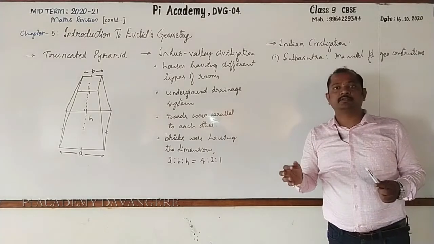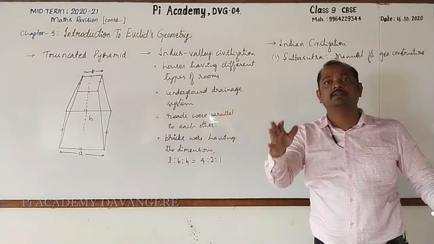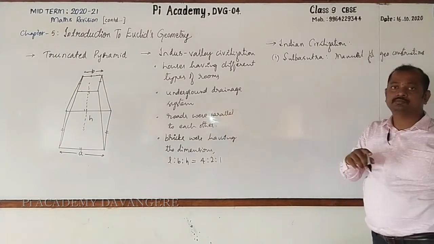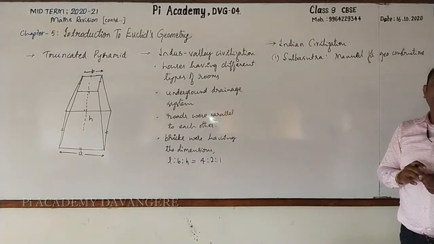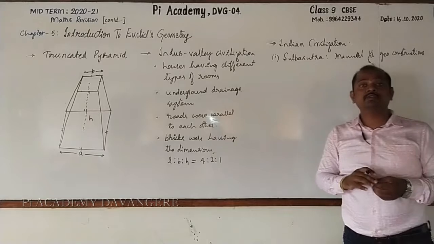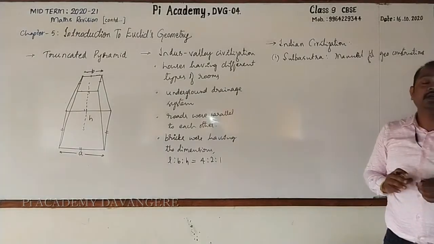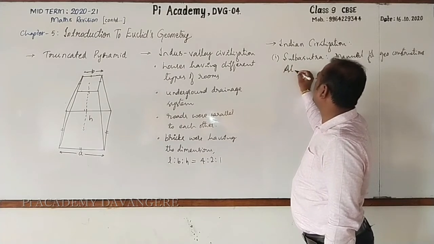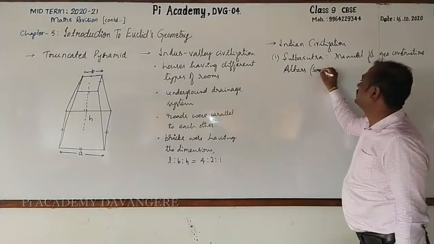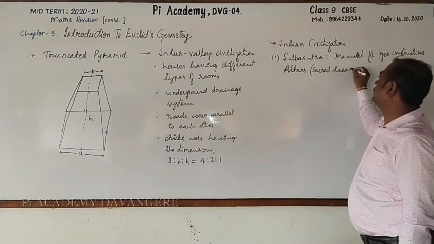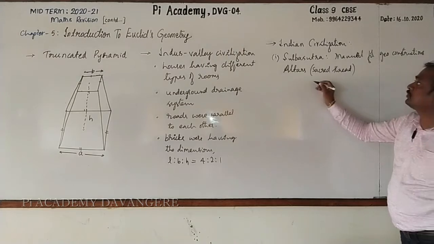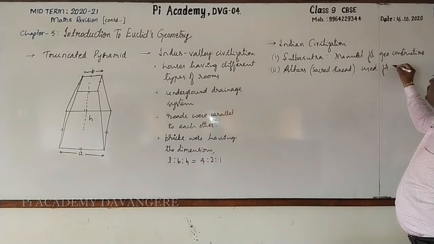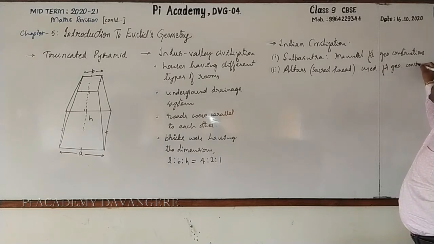Means in that time only they were using many geometrical figures like trapezium, rectangles, squares, then circles and all. And for drawing the geometrical figures or geometrical constructions, they were using a sacred thread which is called altars, A-L-T-A-R-S, which is a sacred thread used for geometrical constructions.